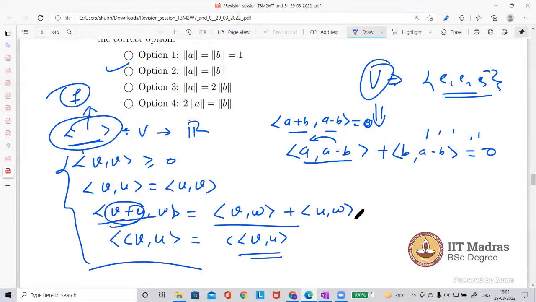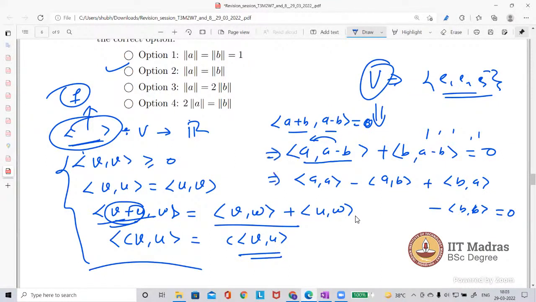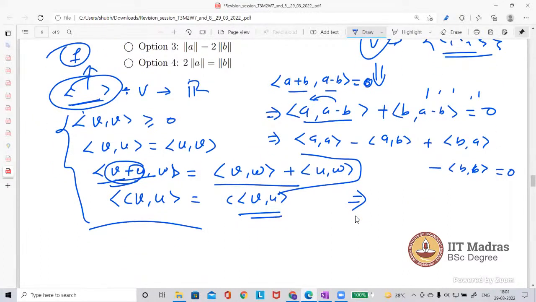Otherwise, directly you can expand. It will work out as: aa minus ab plus ba minus bb. This is equal to 0. This implies the next line.